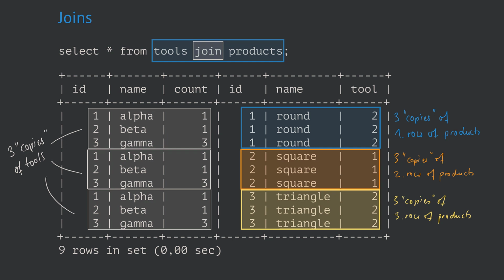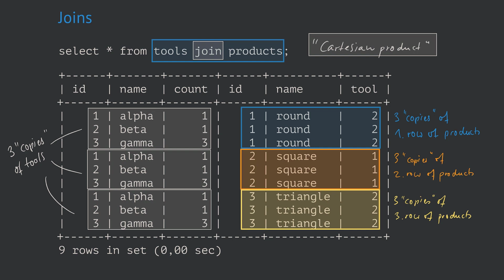Altogether, this is a complete combination where each row from tools is combined with each row from products. For instance, the second row of tools is combined with the first row of products, or the third row of tools is combined with the second row of products, and so on. In mathematics, such a complete combination is called the Cartesian product of two sets.